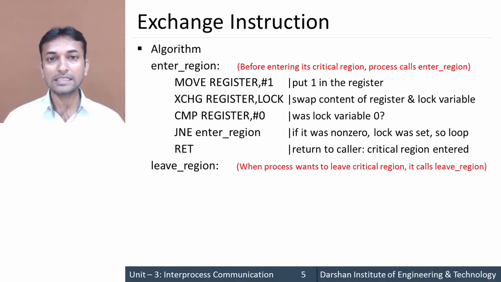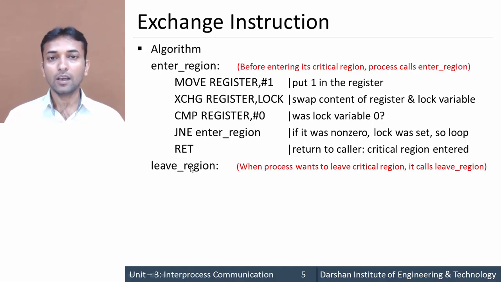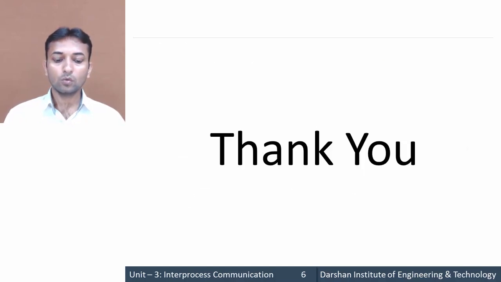Whenever your process exits from the critical section, it calls leave_region, and same as in the TSL instruction, it simply moves the value 0 into the lock variable once the process exits from the critical section. So in this way both the instructions will work. Thank you very much.